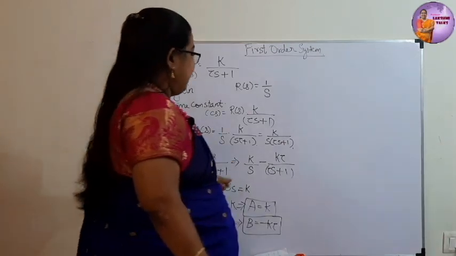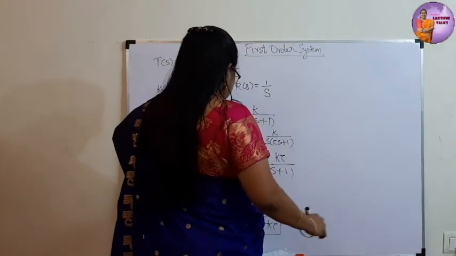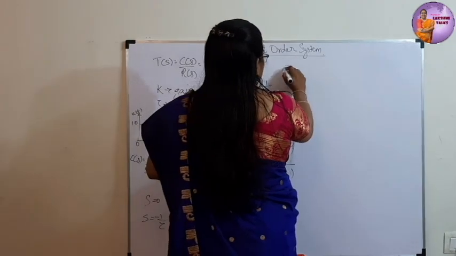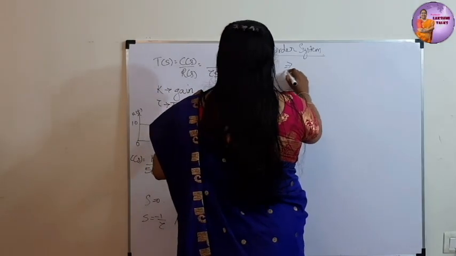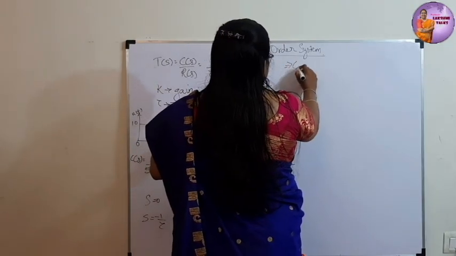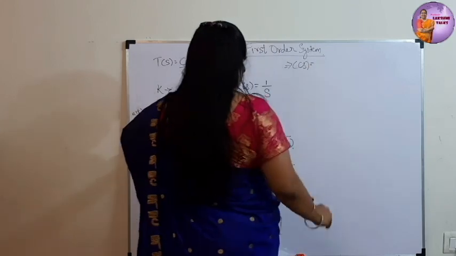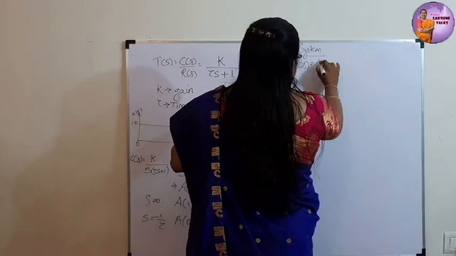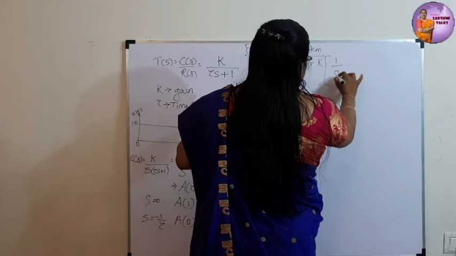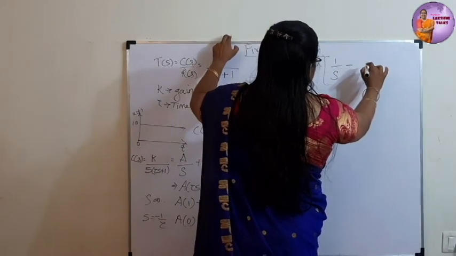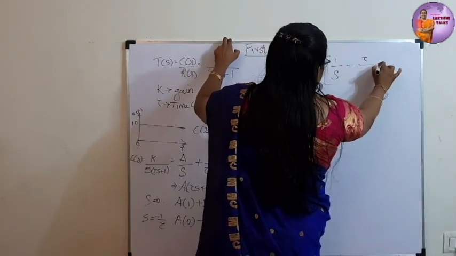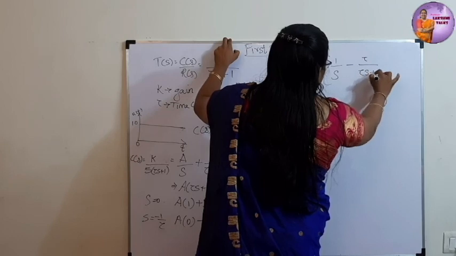Since k is common, we can take k outside. So what do we get? C of s is equal to k into 1 by s minus tau by tau s plus 1.